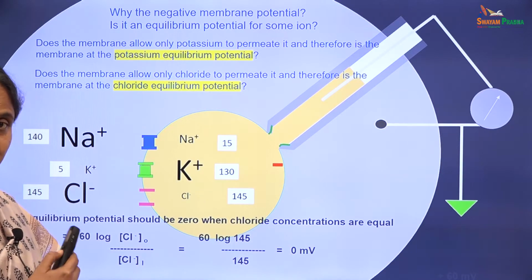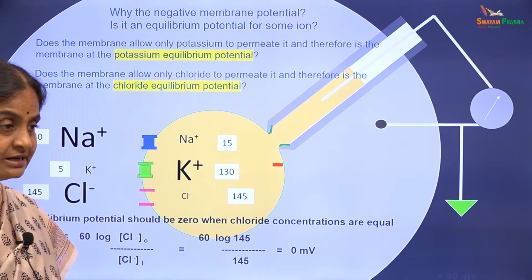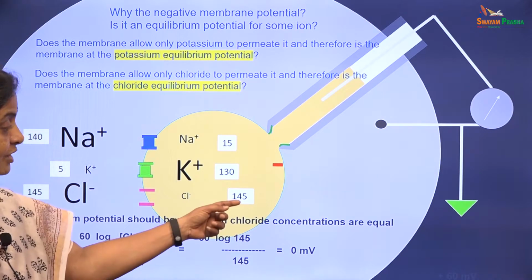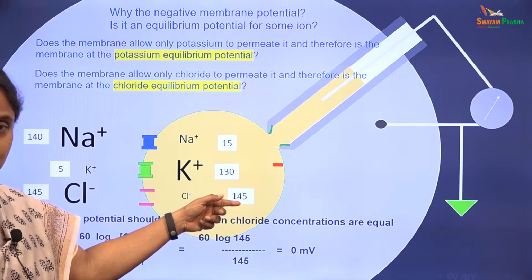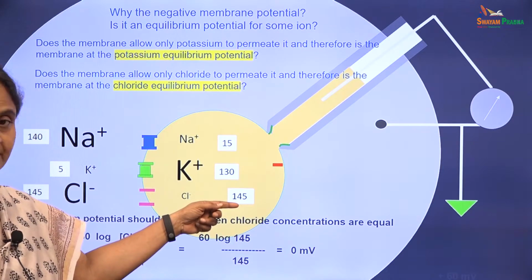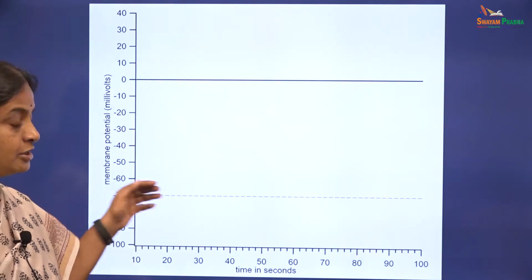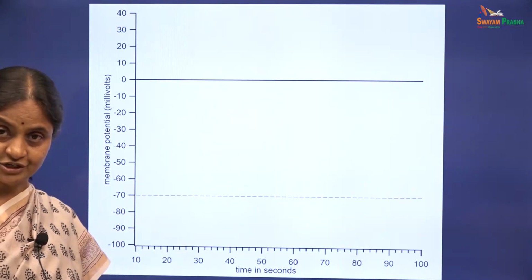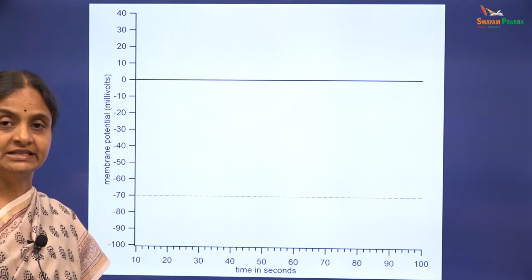This is what the Nernst equation would predict, but in a nerve cell, even when you have kept chloride concentration at 145 internally, you would see that the resting membrane potential still exists.